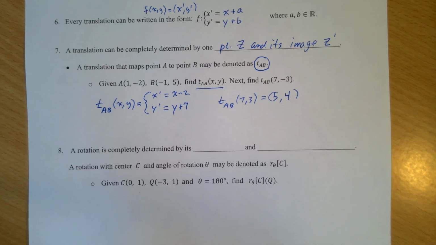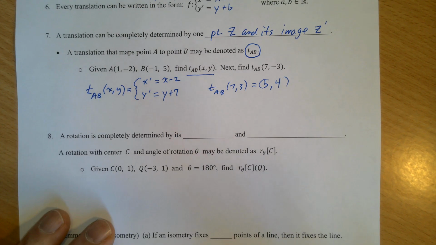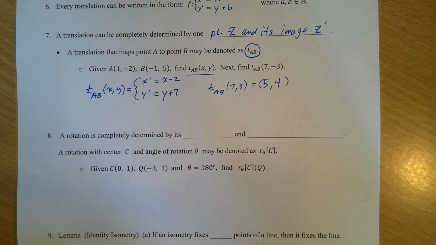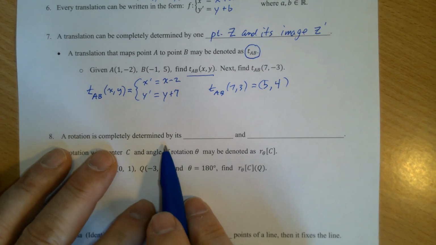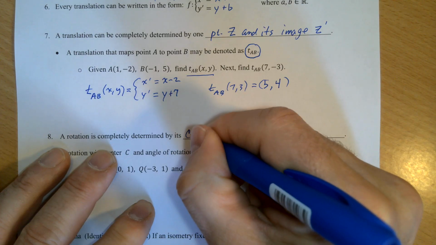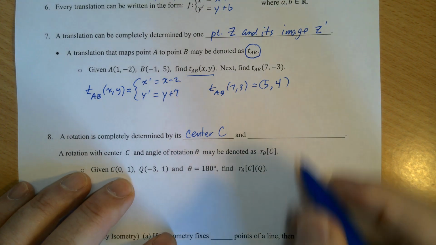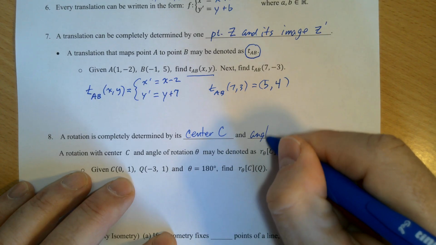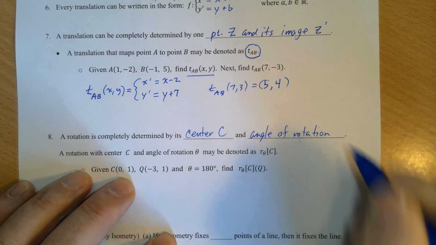Okay, now let's move over to a rotation. Rotation you can think of as working with a circle that has a center, and you're rotating it around the circle. So a rotation is completely determined by its center. We sometimes call that capital C. And its angle of rotation. How far do you want to rotate it?